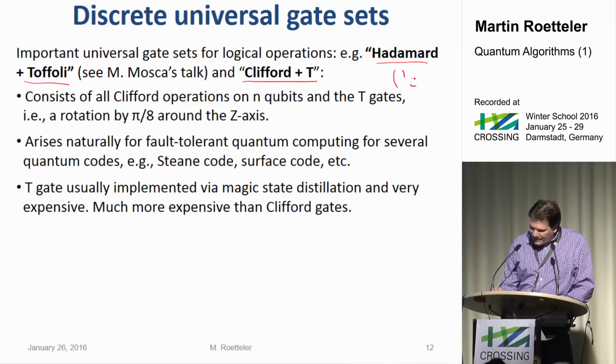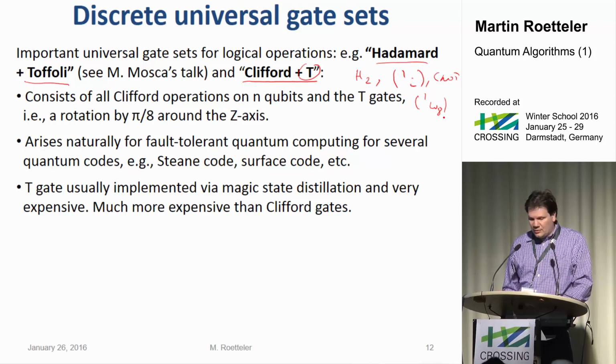It has phases 1, i, and you take the Hadamard, the CNOT, and then you get this guy, this T gate, which is 1 and a primitive 8th root of unity. So you throw them together, you allow them to be applied to any qubit or any pairs of qubits. You get a discrete group, and that group is known to be dense in the set of all unitaries.